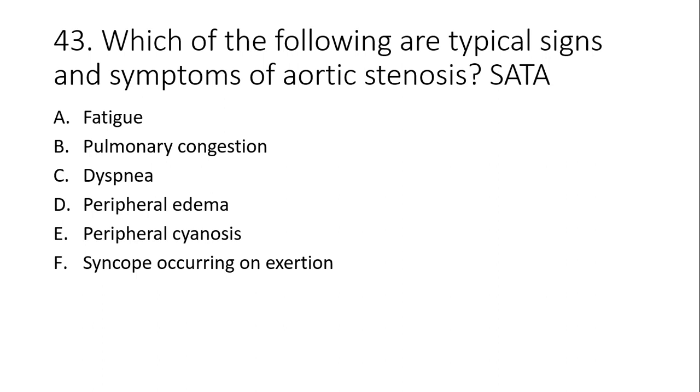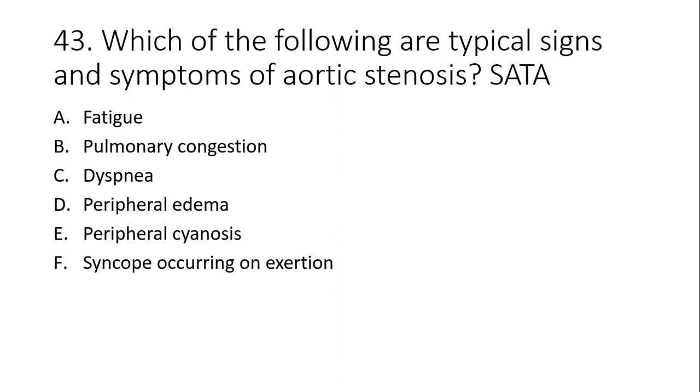Does anyone know the term I'm referring to? That's big with aortic stenosis. Sorry, I feel like that's very vague, but I don't know how else to word it. All right, it's fixed cardiac output.